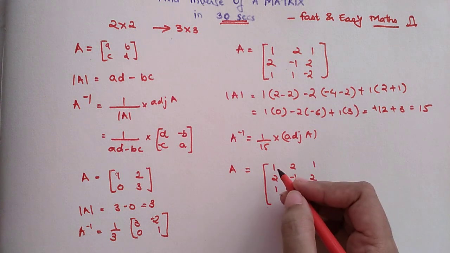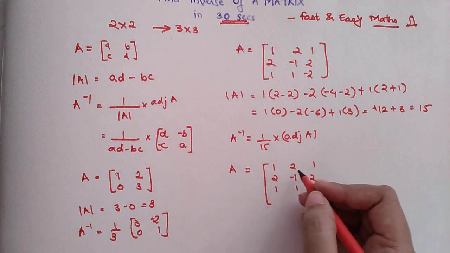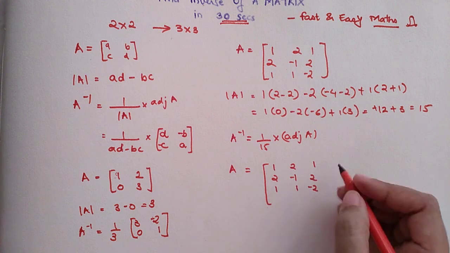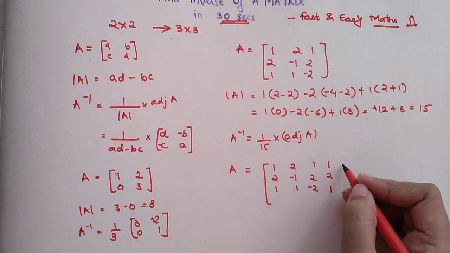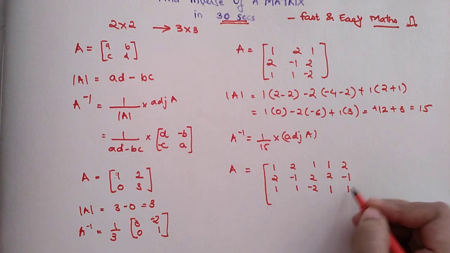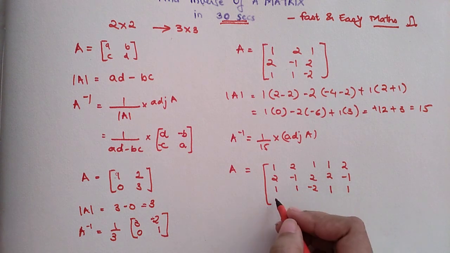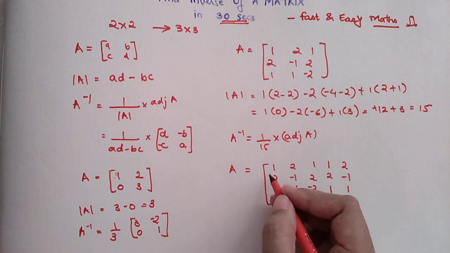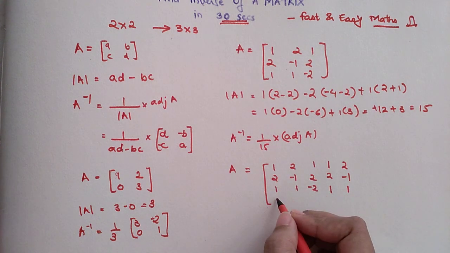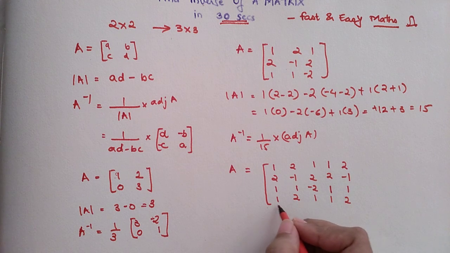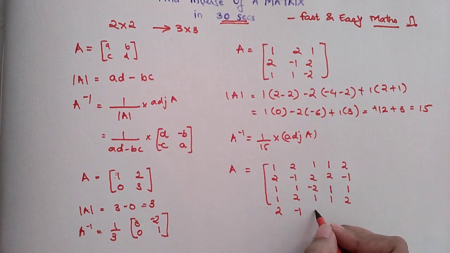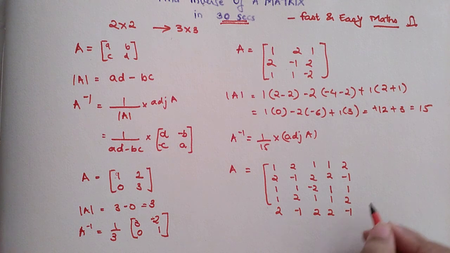First we are going to copy the first two columns again, so I'm going to write 1 2 1 and 2 minus 1 1. And over here I'm going to write down the first two rows again. So my first row is 1 2 1 1 2, and 2 minus 1 2 2 minus 1.